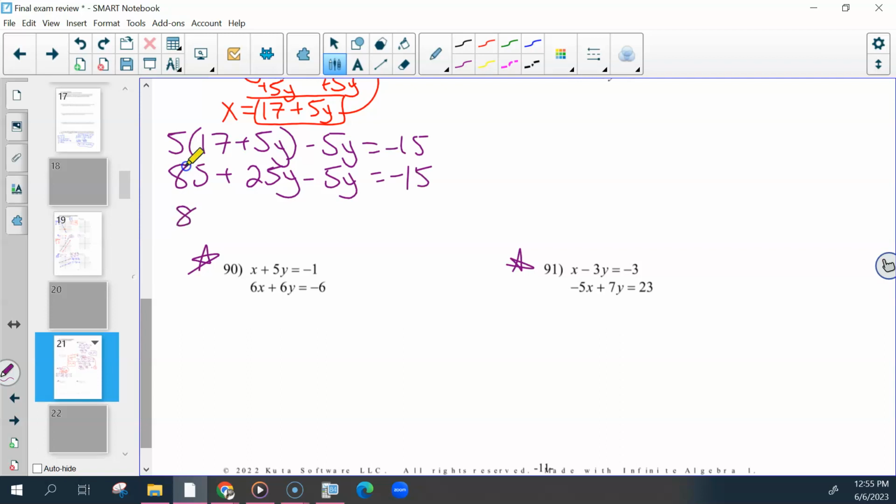Combine your like terms. 85 plus 20y. Subtract 85 to the other side. Negative 100. And divide both sides by 20.